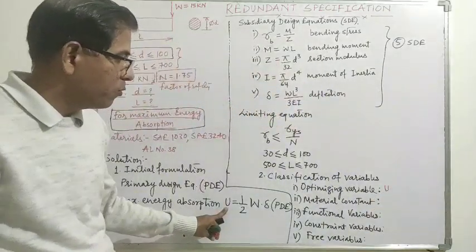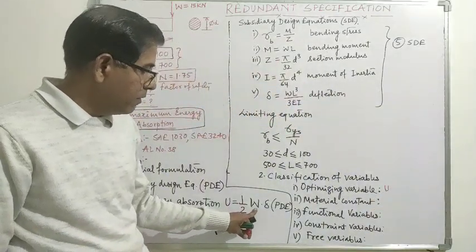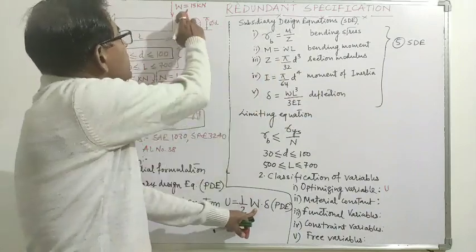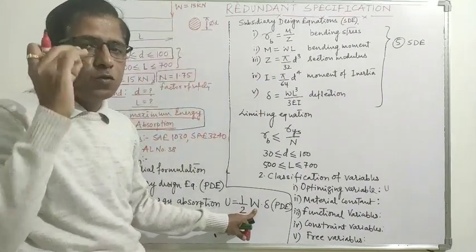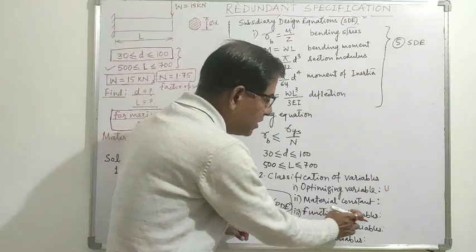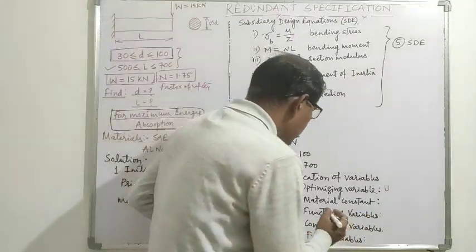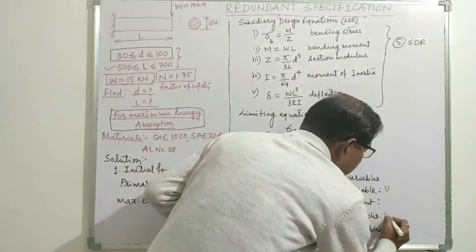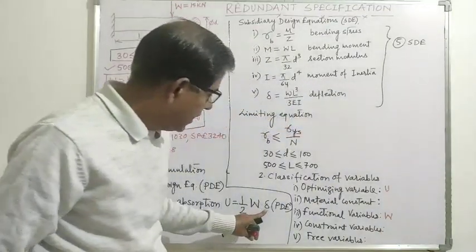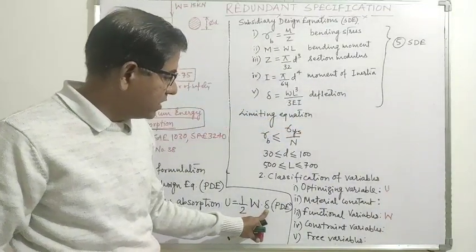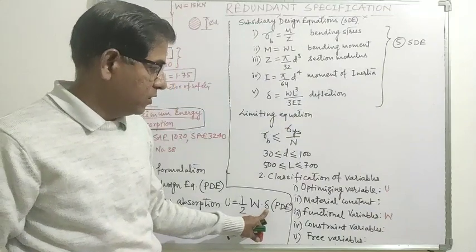U will go into the optimizing parameter category. Then W. The W value is given in the problem. We know that functional variables are those variables whose values are given in the problem. So this W will go into the functional variable category. Then delta. This delta is a deflection.